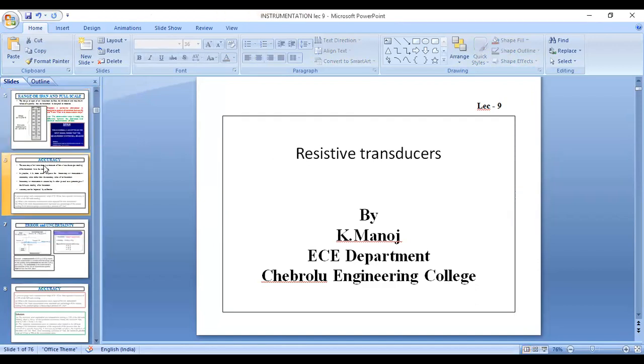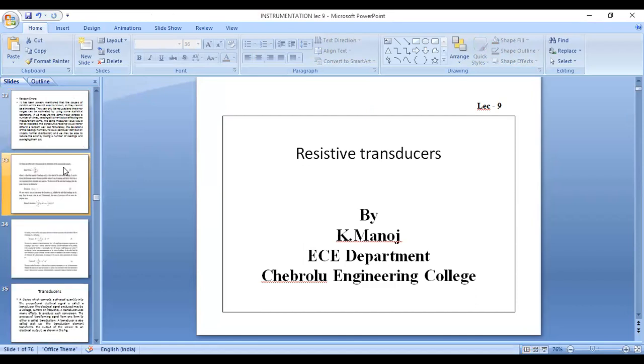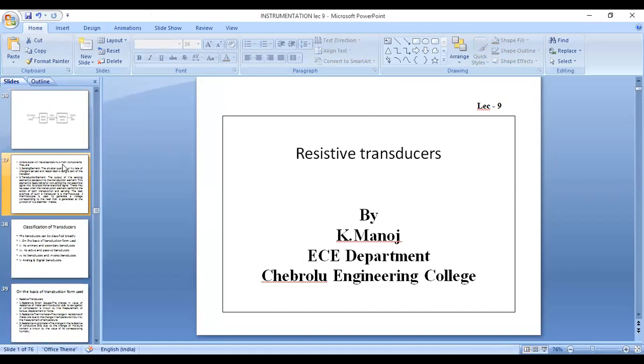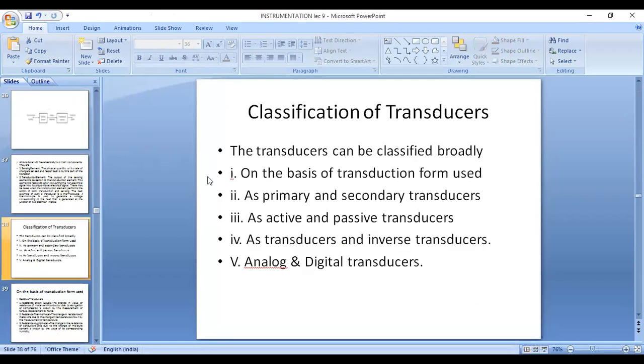So, in the last classes, we have seen the classification of transducers, right? This first classification we are going to study in detail.